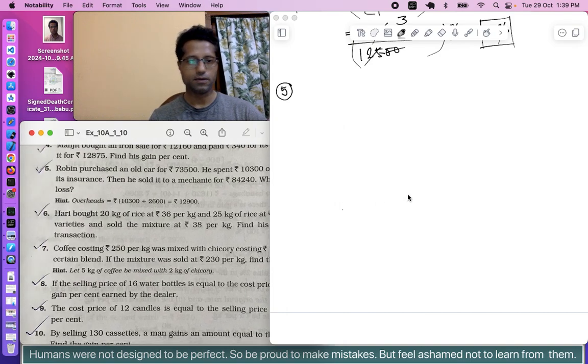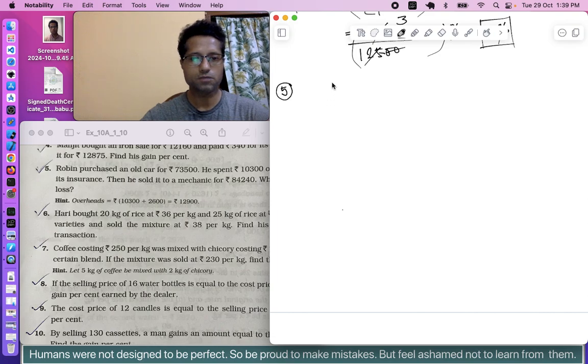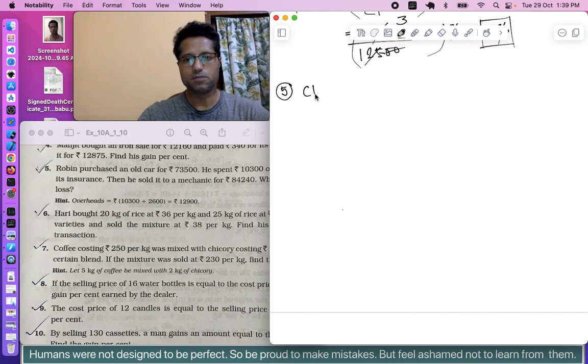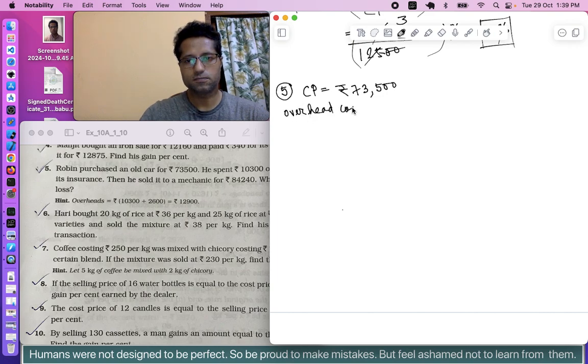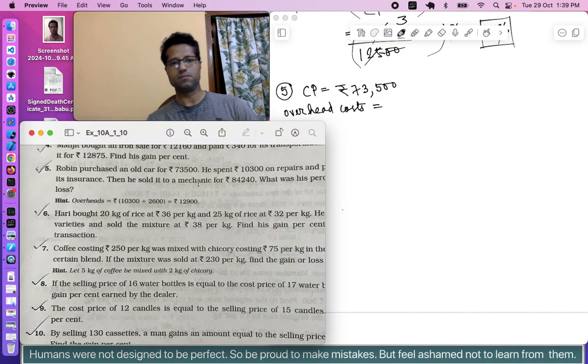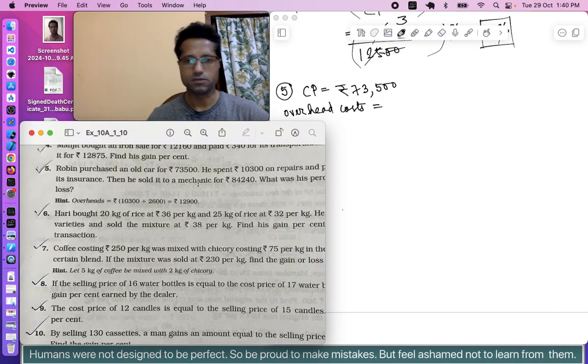So there is an overhead. So let's see. The initial cost price is given to be 73,500. Now overhead costs means the sum of all the overhead costs.